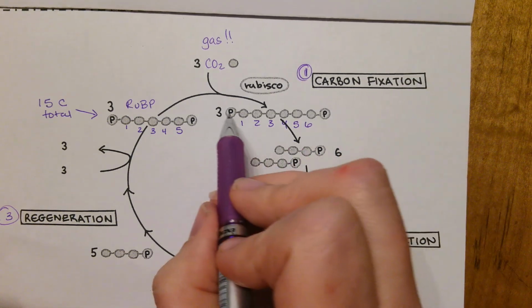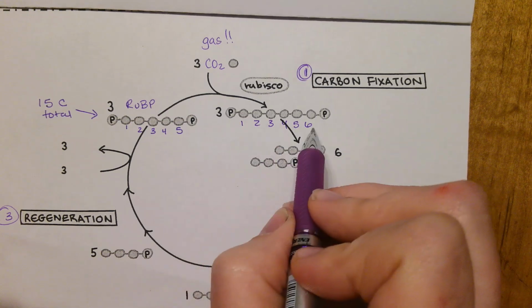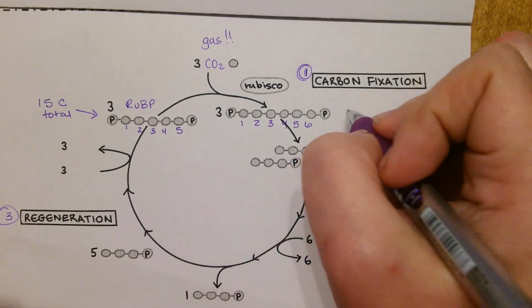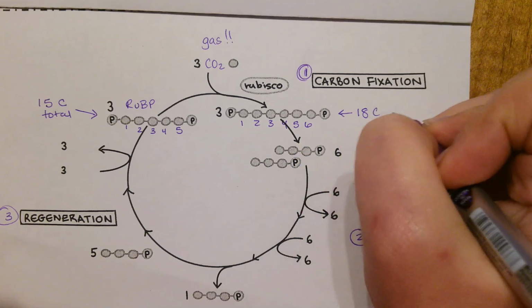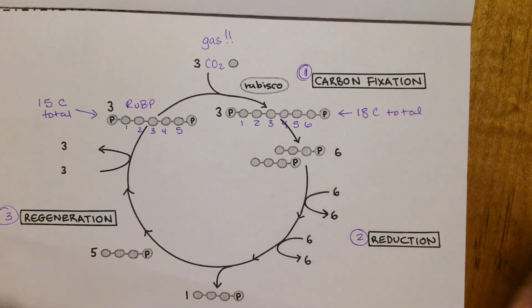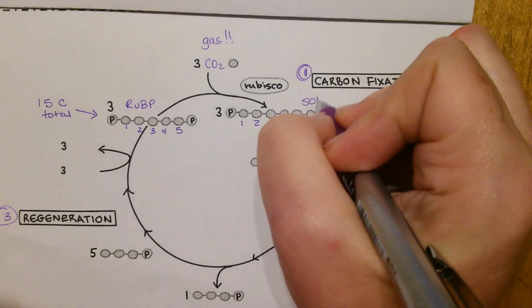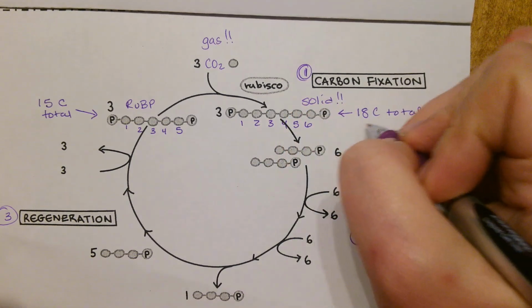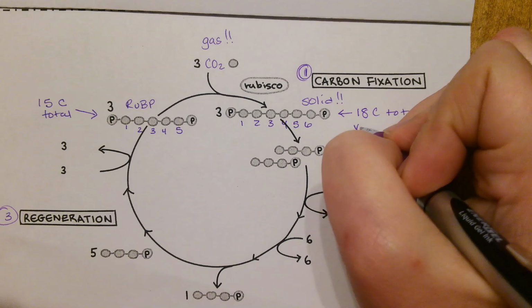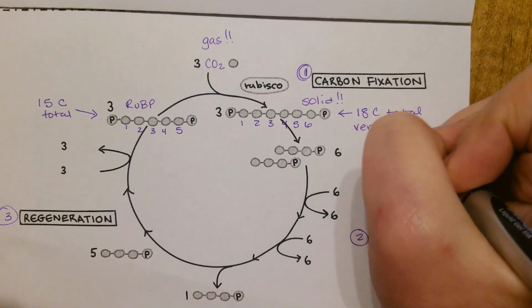So let's look. We have 3 of these 6 carbon guys. Do we have 18? Yes, we do. We have 18 carbons total. Now, this dude here, he is a solid. Very important to remember, but he is extremely unstable. Very unstable.